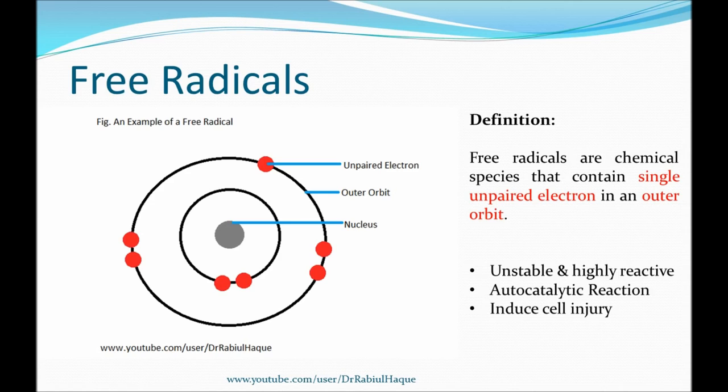Now I also have two separate videos on reperfusion injury and cellular aging, so you can look into those videos after watching this video for more information. However, you also have to remember that free radicals do have some beneficial roles as well. For example, in the phagocytes during microbial killing, there is a role of free radicals, as we will see.